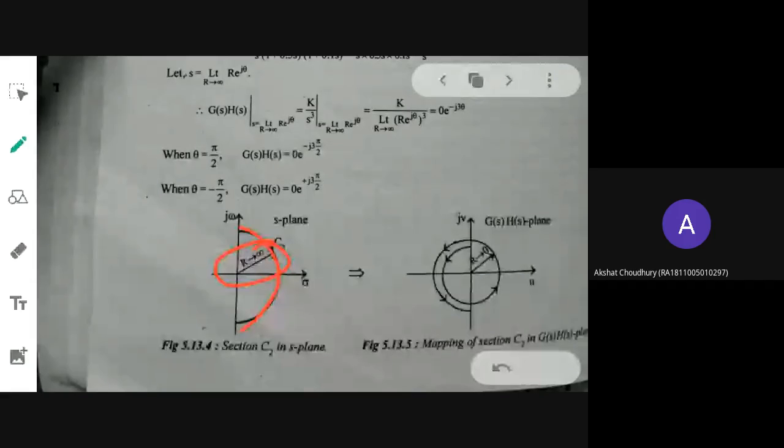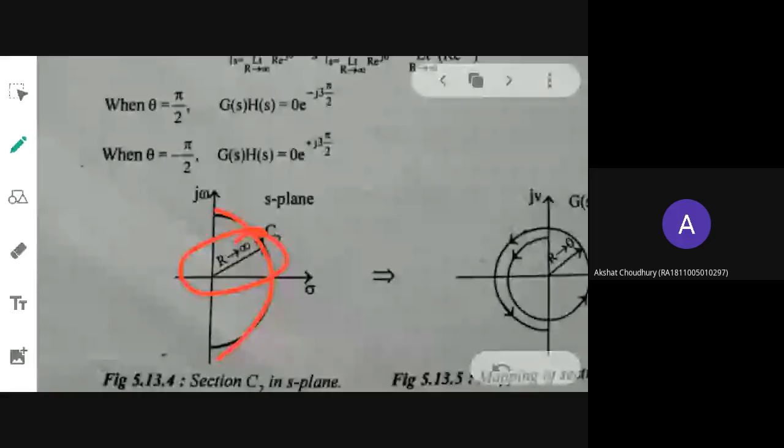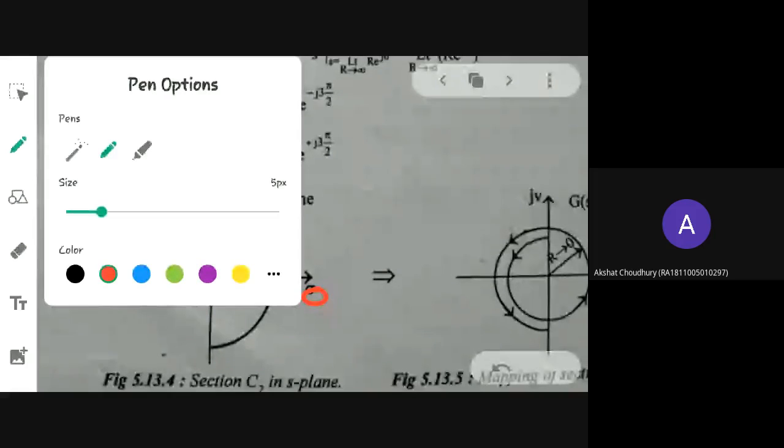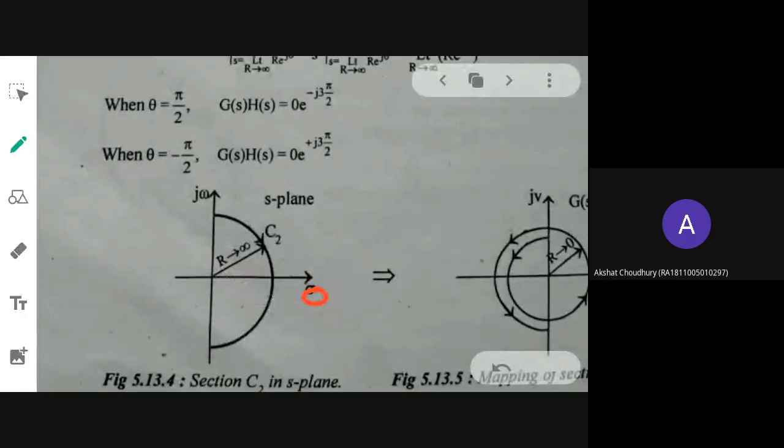And what is the angle direction in which it travels? You refer to the diagram and tell me. You know from polar plot this is 0 degree. Then minus 90, minus 180, minus 270 will be in clockwise or anti-clockwise? 0, minus 90, minus 180, okay, this one is minus 270.